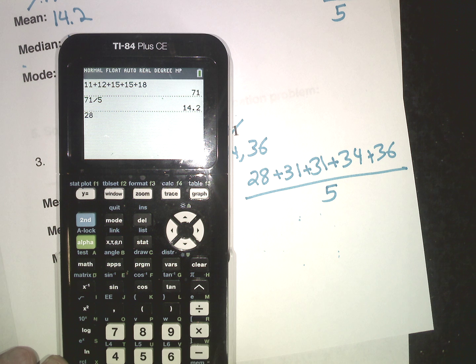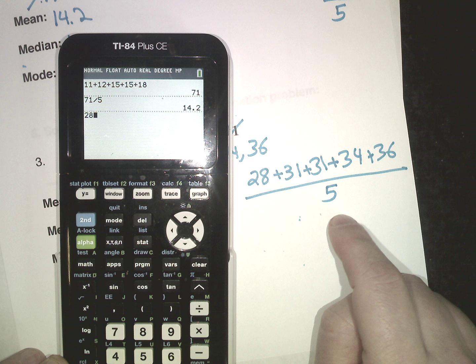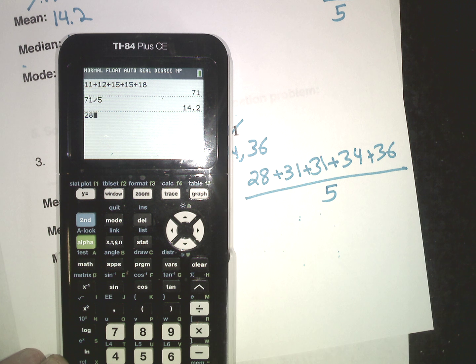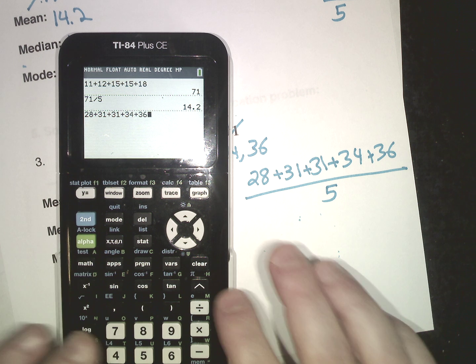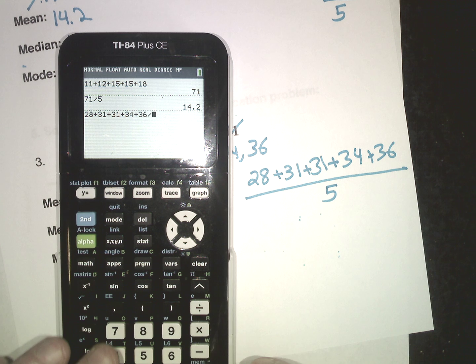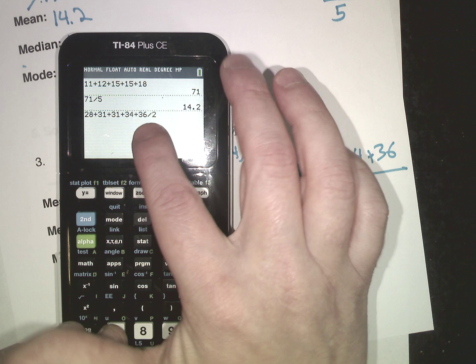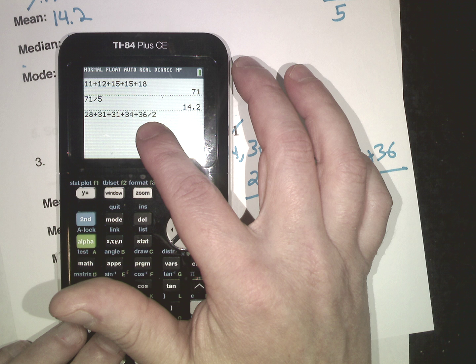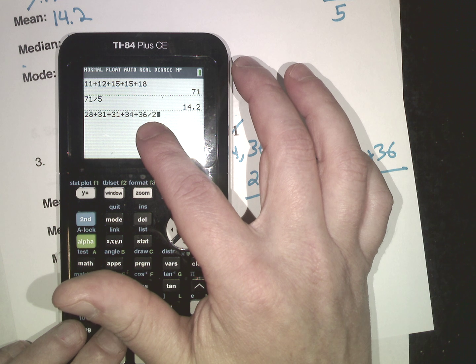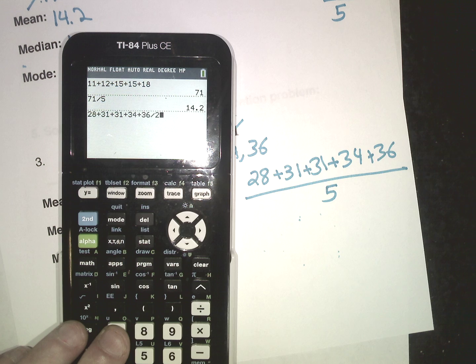Now, if you're doing this in the calculator, don't try to do both steps at once. Do the addition on top first, then do the division. Because I'll show you something: if I type 28 plus 31 plus 31 plus 34 plus 36 and then divide by 5, it's only going to divide 36, because of PEMDAS: parentheses, exponents, multiplication, division, then the addition.